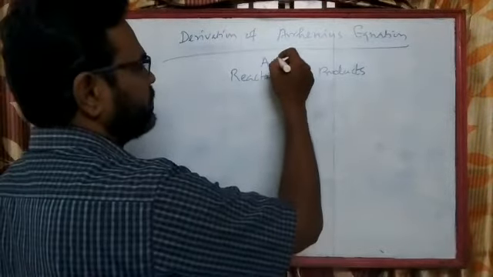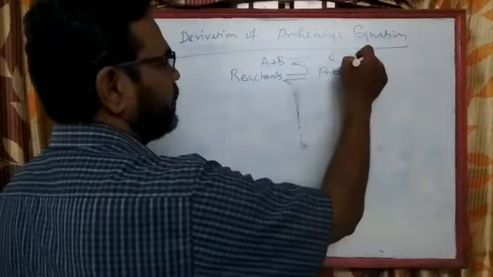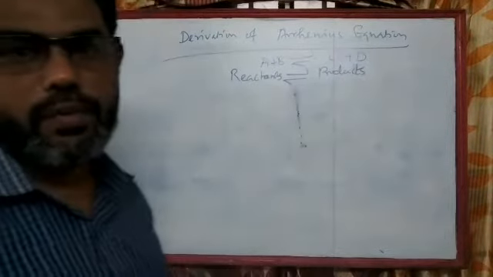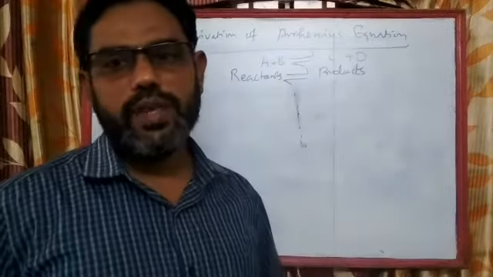Say A plus B gives C plus D. Reactants and products are existing in an equilibrium state.